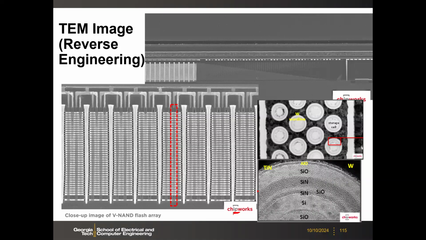So here you see a very beautifully taken picture under the TEM. This is a side view. You see this is a string actually, 24 layers plus some top and bottom string select. But this is actually only a zoom in of this part.